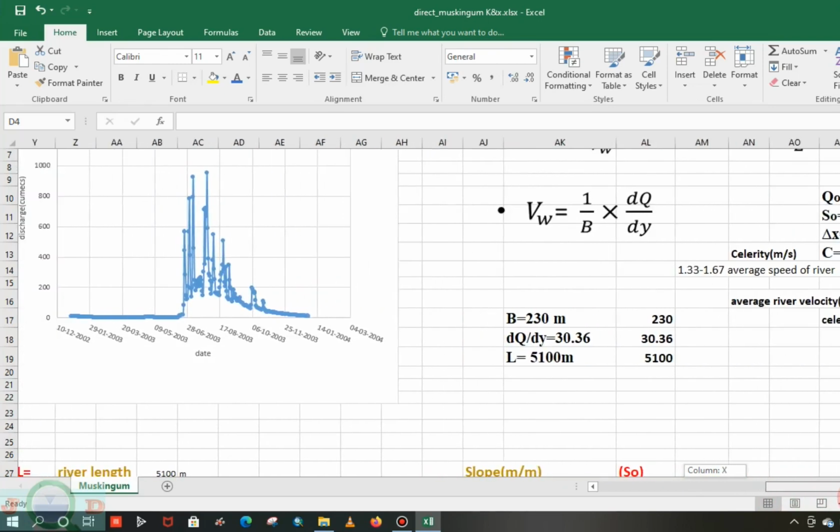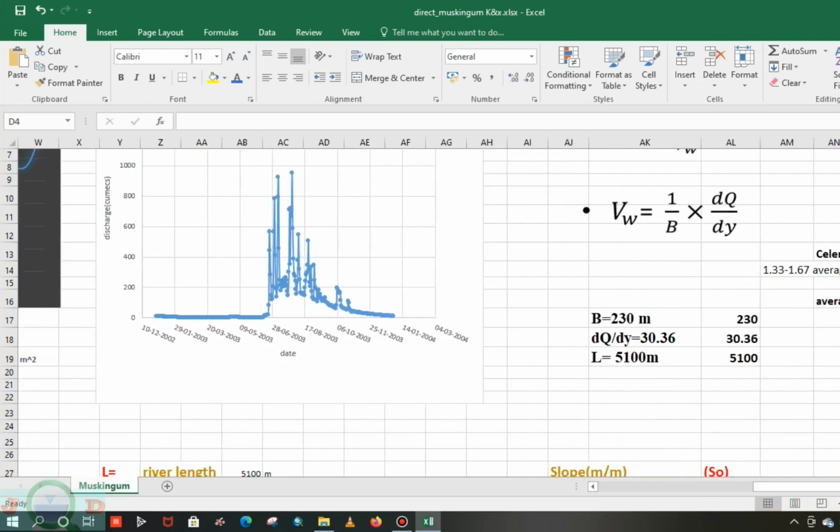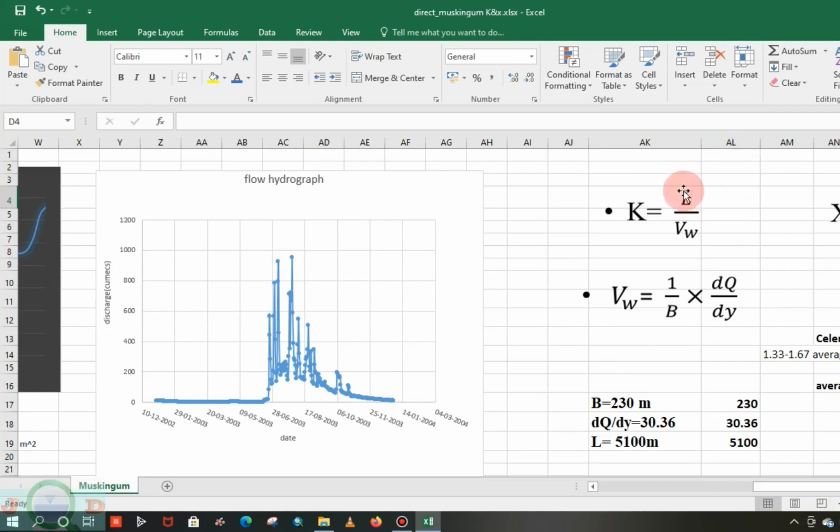Now come to the computation for the Muskingum parameter. First we need to consider K. K is equal to L upon VW, where VW is the velocity of the flood wave.